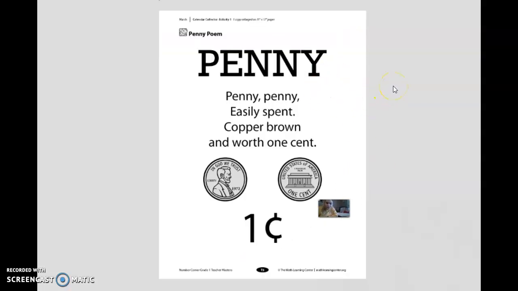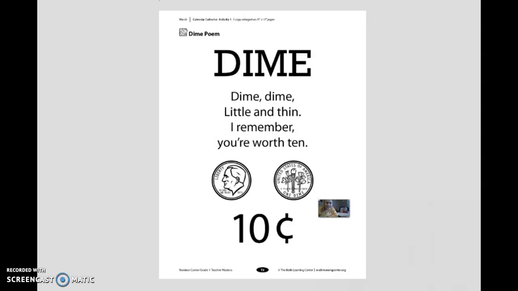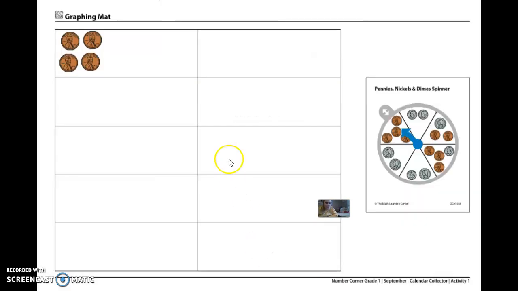Let's do our poems for today. Penny, penny, easily spent, copper brown, and worth 1 cent. Nickel, nickel, thick and fat, you're worth 5 cents, I know that. And dime, dime, little and thin, I remember you're worth 10. We have pennies which we know are worth 1 cent each.